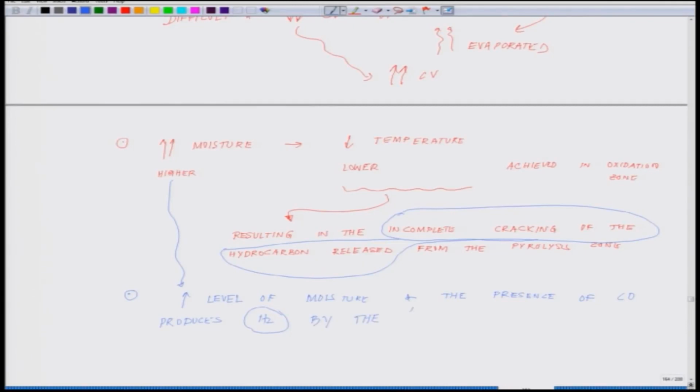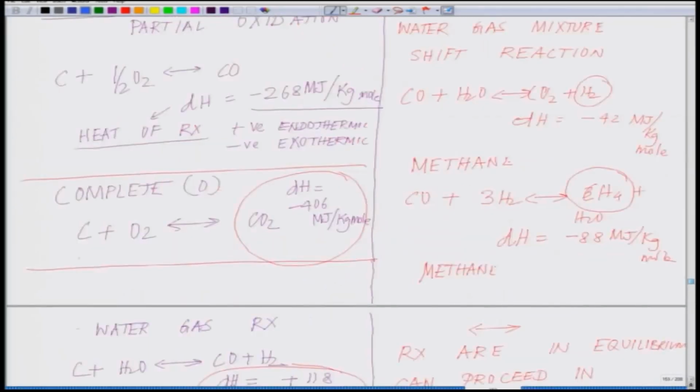This is interesting because it is a repetition of what I have covered in the chemistry: the water gas shift reaction. Let me take you back to that reaction. Look at this reaction.